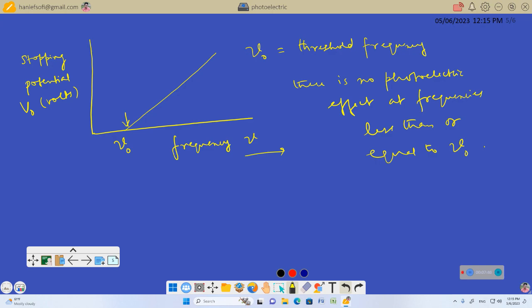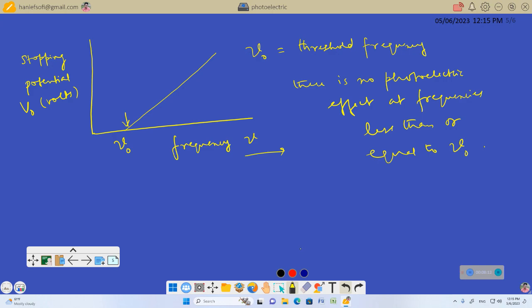The intensity of light can have any value, but if the frequency of the light is less than or equal to the threshold frequency of the metal surface, there will be no photoelectric effect. Only for frequencies greater than the threshold frequency can light eject electrons from a particular metal surface and the photoelectric effect take place.